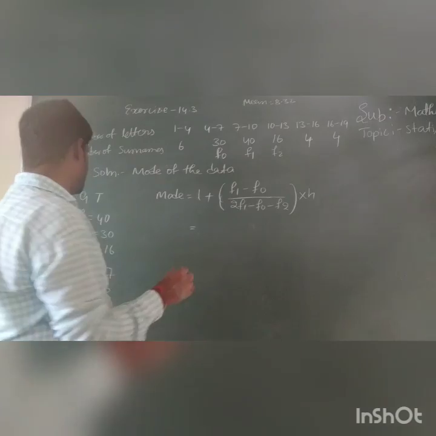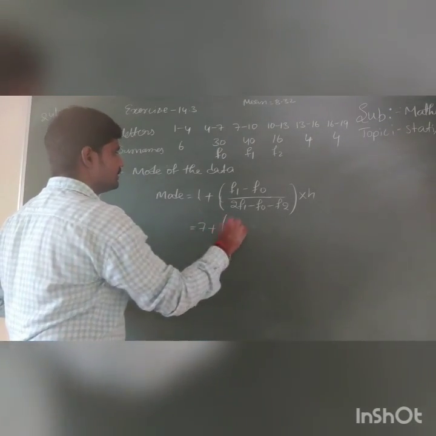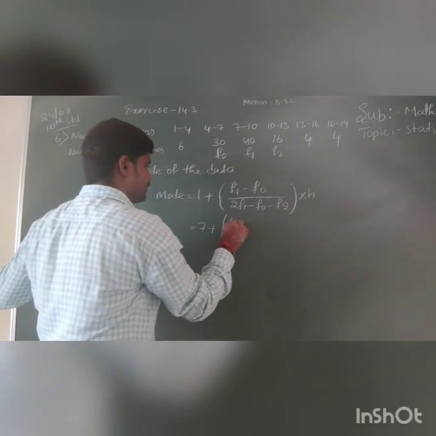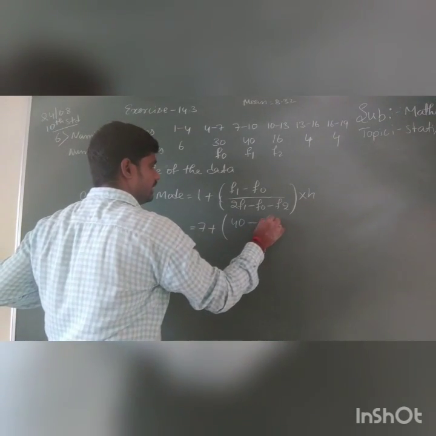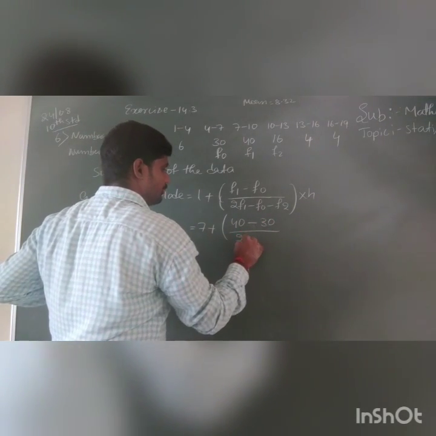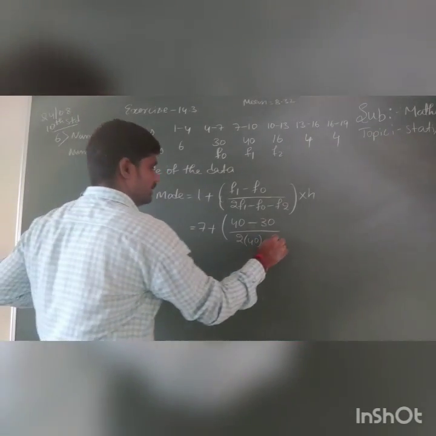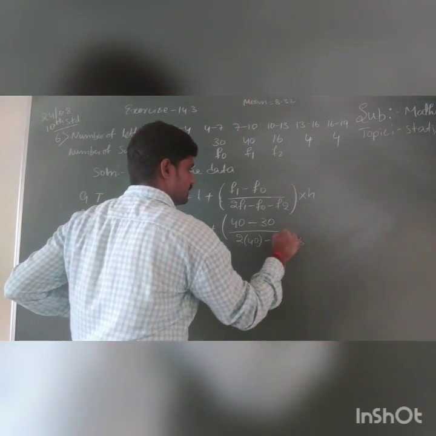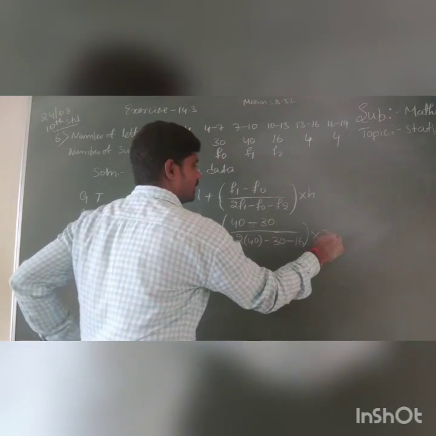L is 7 plus, F1 is 40 minus F0 is 30, divided by 2 F1, where F1 value is 40, minus F0 value 30, minus F2 value 16, into H. H value is 3.